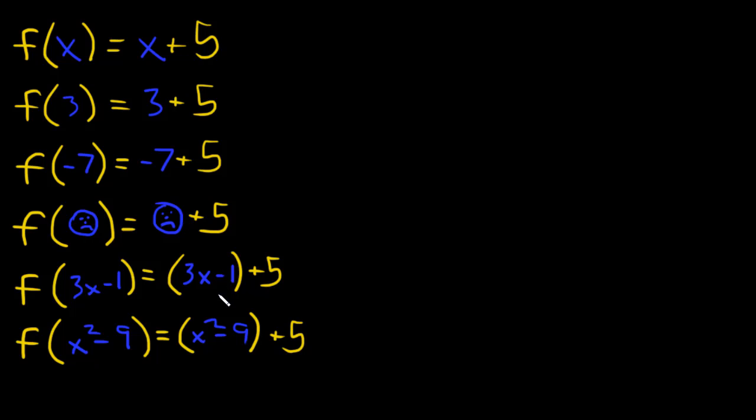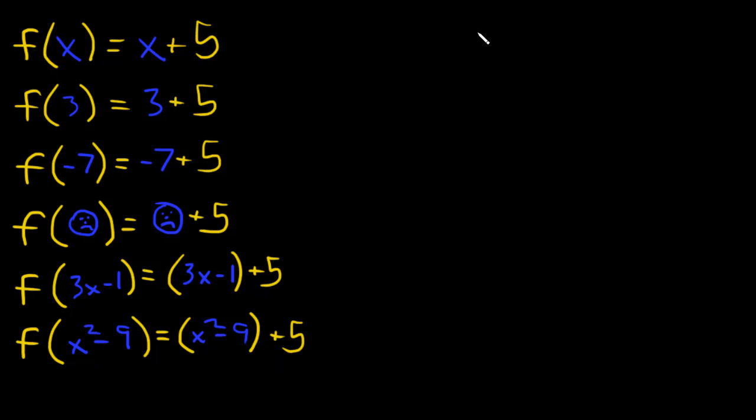So hopefully the color is making it better. All right. Now we're going to do something really strange looking. It's going to look very odd for a little bit. But what I'm doing this for is the patterning, because you literally just replace it. f of x is x plus 5, so f of x squared minus 9 is x squared minus 9 plus 5.